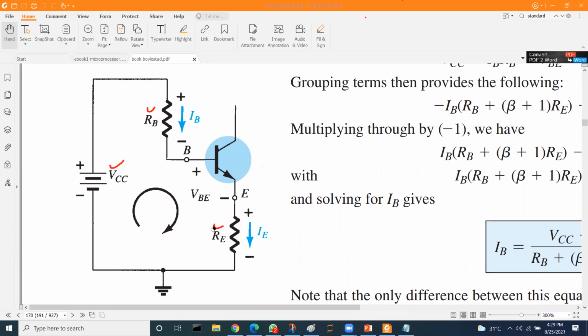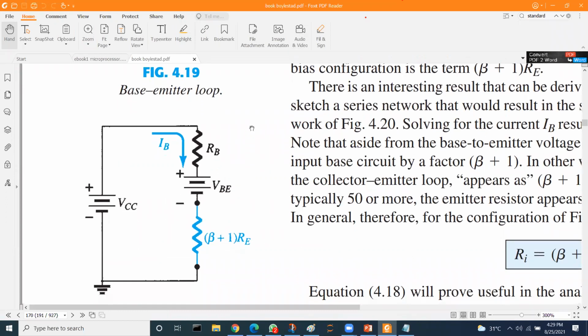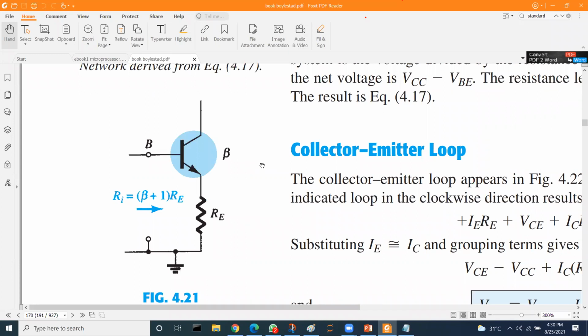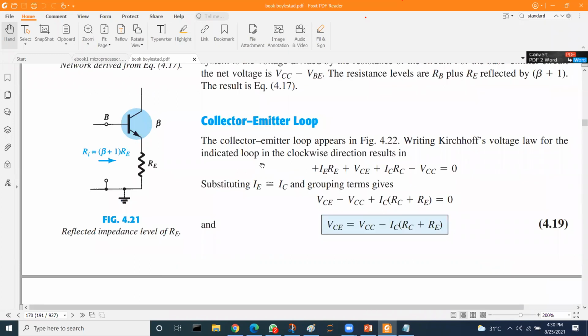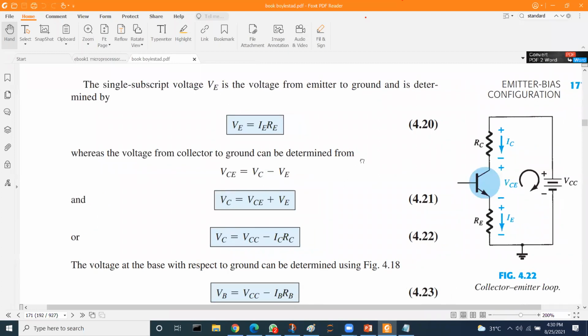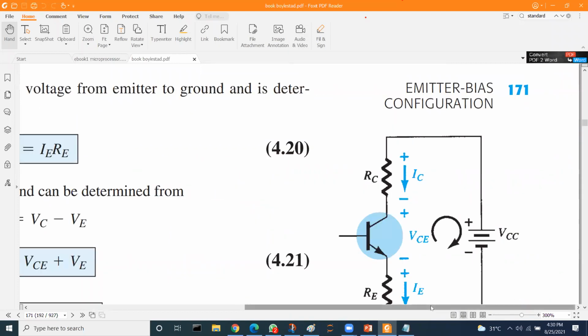Now we see the output side. This is the input side, so now we go towards the output side. This circuit will show the output side.